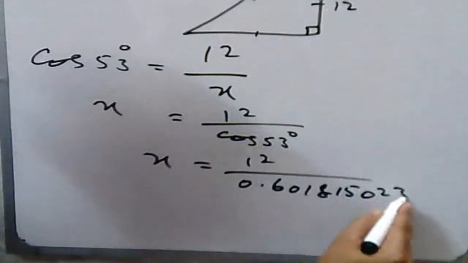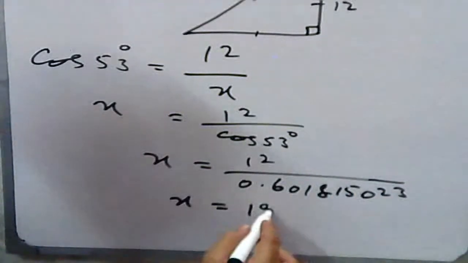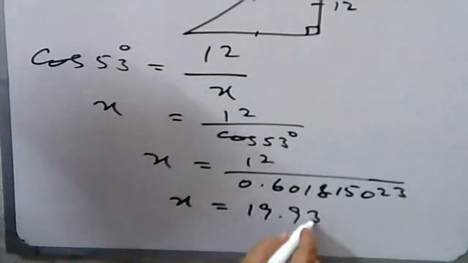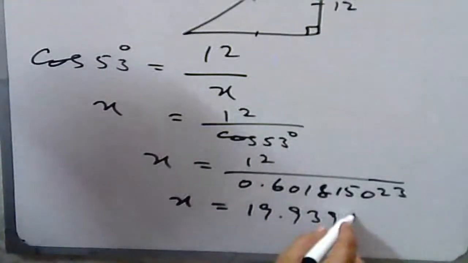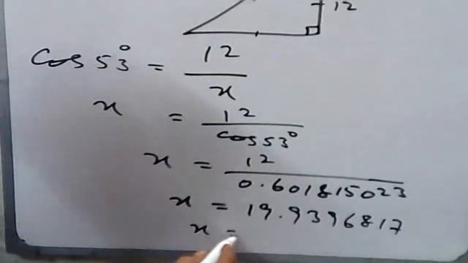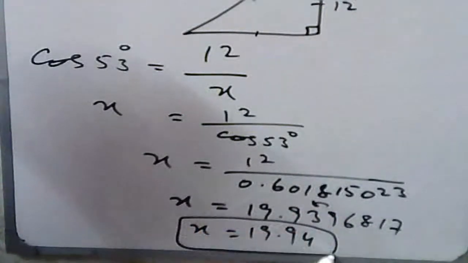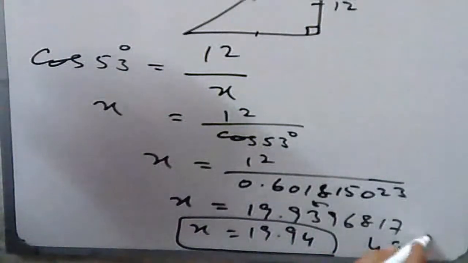So after division you will get 19.939617, but we need up to 4 SF, 19.9. So add here, it becomes 4. 19.94 is your required result up to 4 SF. So that is your required answer.